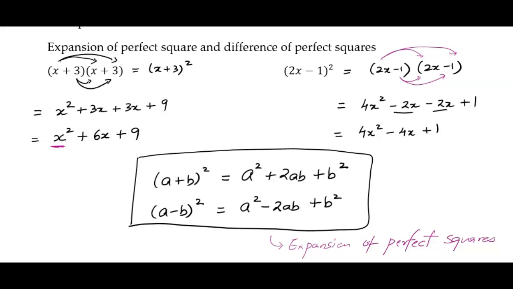The second step is doing 2 times a times b. If I apply that to this question, 2 times x is 2x, times by 3 gives me 6x, which is the second term in the expansion. And the final term is equal to b squared. The value for b is 3, and 3 squared is equal to 9.